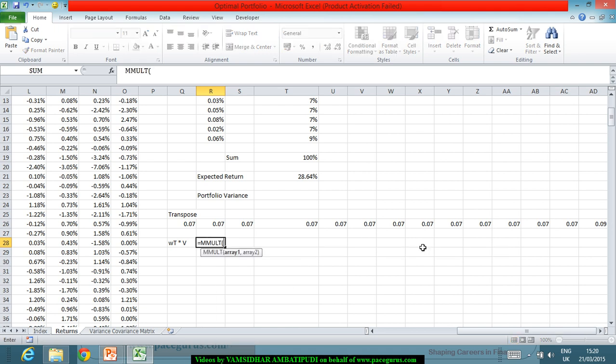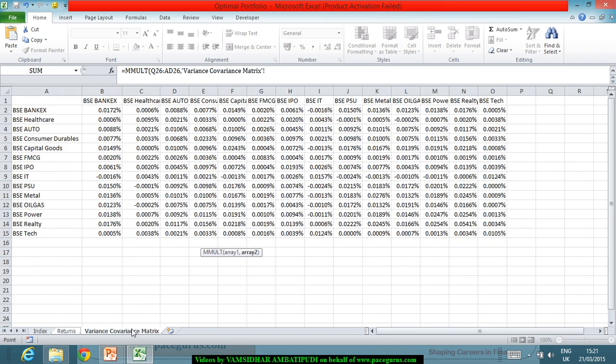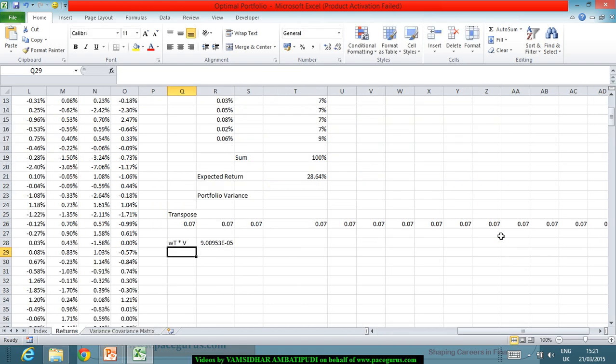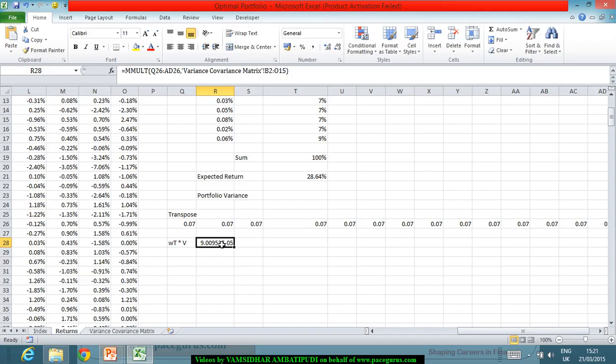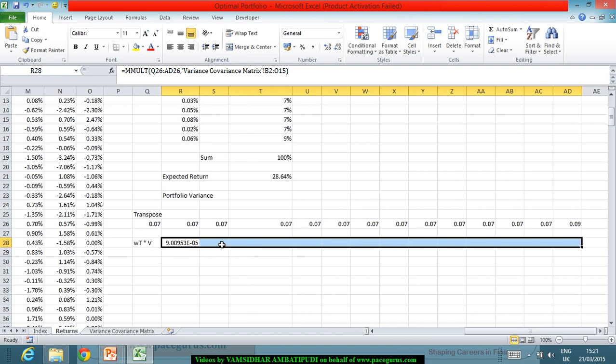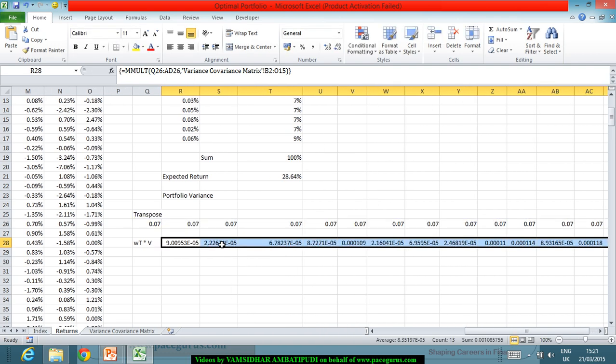Okay, so matrix multiplication, the first array being the W transpose, and the second one being the variance covariance matrix, right? This should give us the 1 by 14 matrix. So if it has to give me the 1 by 14, I can very well take this area, then do a control shift enter.